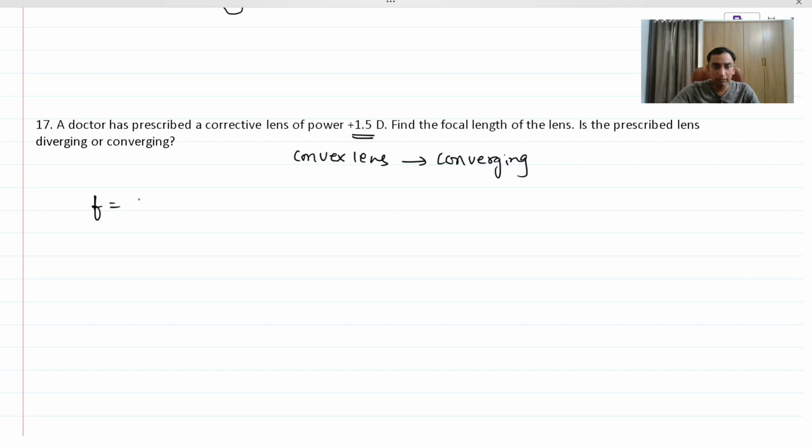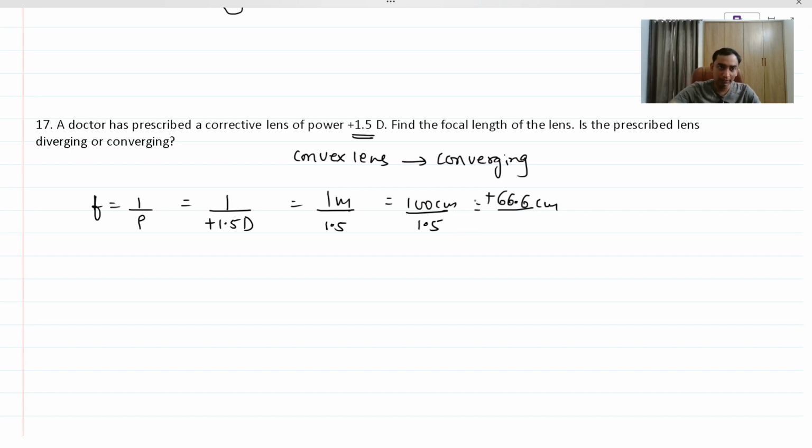Now again, focal length is equal to 1 upon power, that is 1 upon plus 1.5 D. 1 upon diopter is 1 meter, so 100 centimeters divided by 1.5 is roughly 66.6 centimeters. The answer is positive because the power is positive, right?